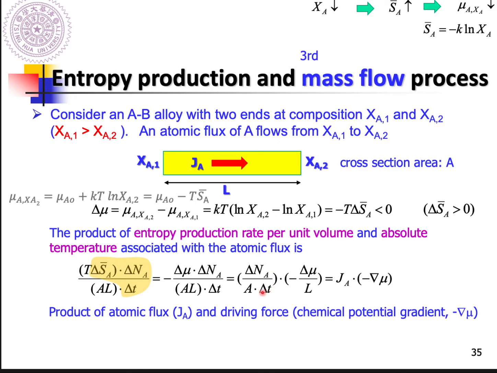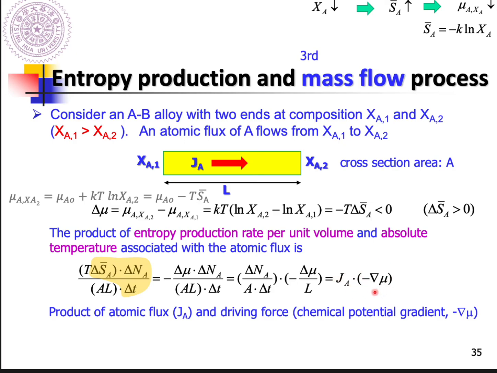Because this term is the number of A atoms per unit area per unit time. So this is the atomic flux, and the rest, delta mu over L, is the chemical potential gradient. So we successfully find that temperature times the entropy production equals flux times driving force.